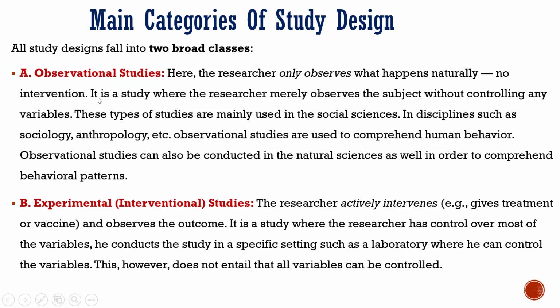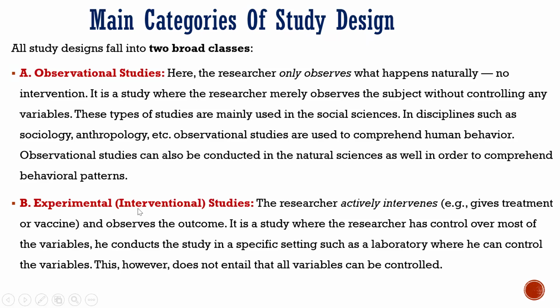In the observational study, the researcher merely observes the subject without controlling any variable. And this type of study is mainly used in social sciences, anthropology, and a whole lot of them, okay? They are used to comprehend human behavior. They can be conducted in natural sciences as well in order to comprehend behavioral patterns.